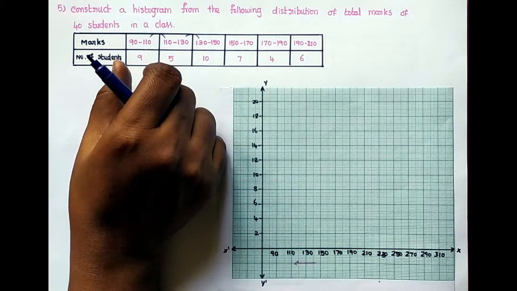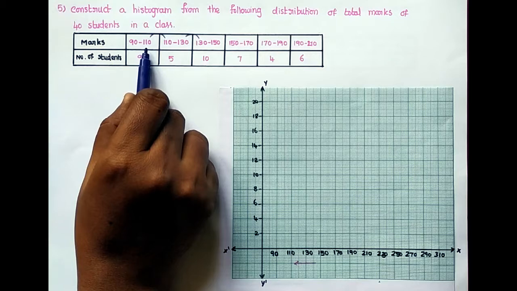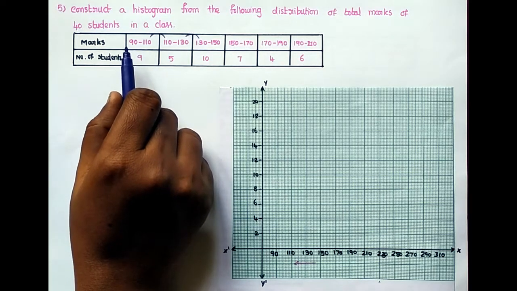And what is the class interval? 90 to 110, that is 20 units.